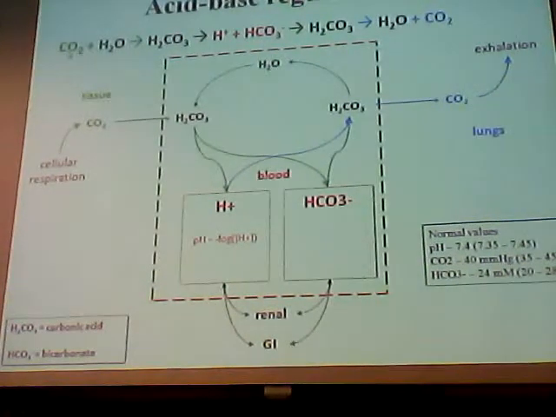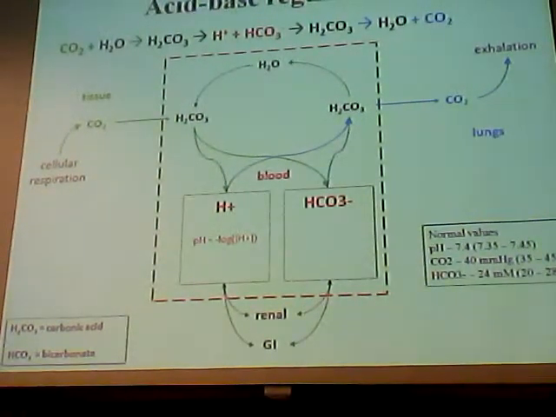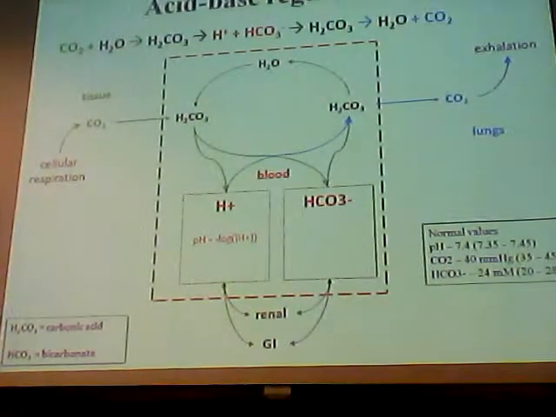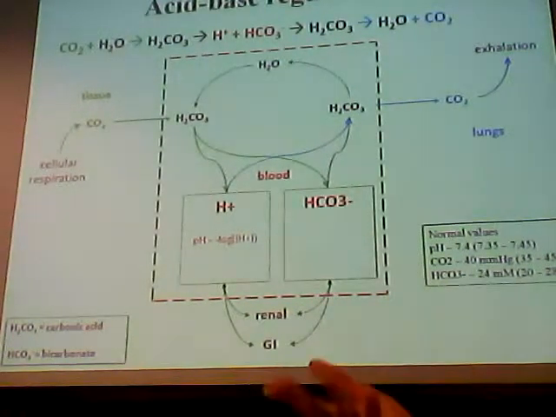So basically having more CO2 in the system is like having more H+ in the system, and more H+ means lower pH. And the same goes for the reverse: less CO2, less H+, higher pH.